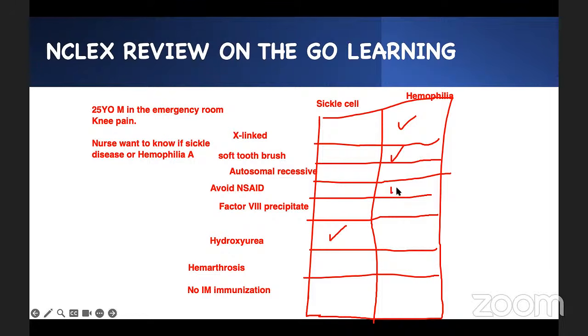You say 4 is here. 5 and 7. Whoever that is, golden, Joseph, Dominic, that's excellent. But you're not done yet. Factor 8 is hemophilia. Okay, I got it. No immunization in hemophilia. I got it.